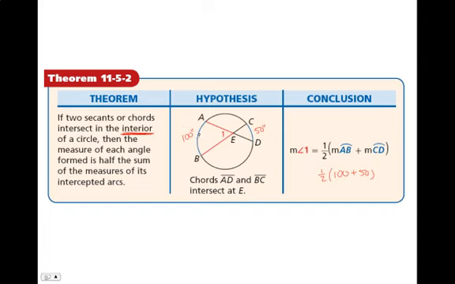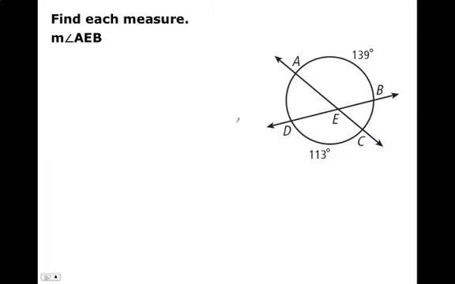Notice they go in a line, starting with this arc to this angle to this arc. We do have vertical angles here. We also have linear pairs, so you still have to remember all of your vocabulary throughout the year. In this example, I want to find the measure of angle AEB. If you notice, this angle AEB opens up to arc AB.